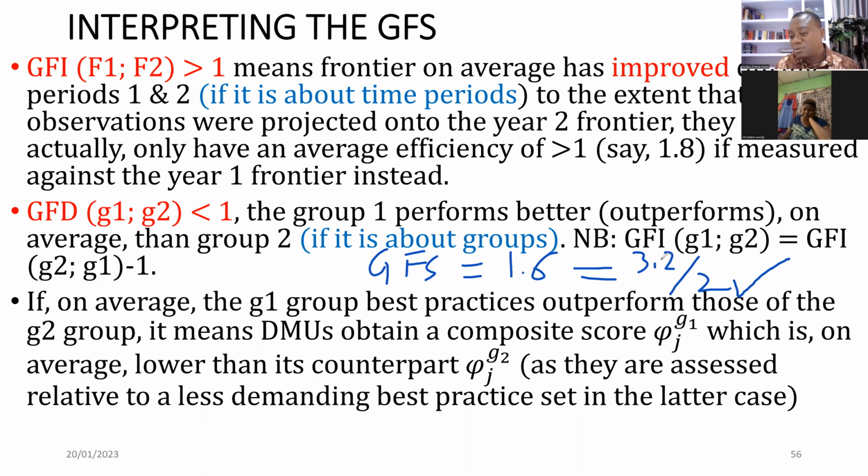Okay. So what she is saying is that this value, where you have two values here, you have 2, and you have 3.2.